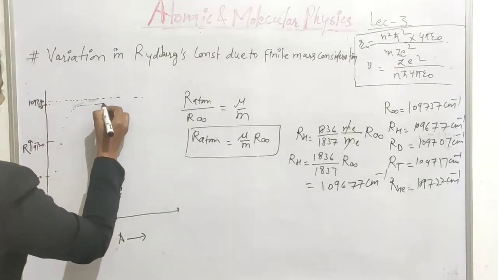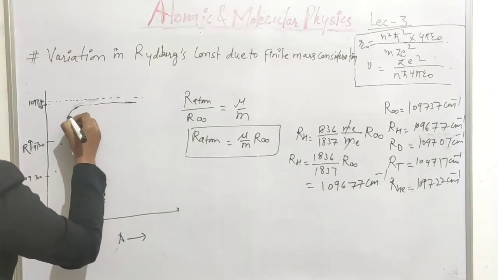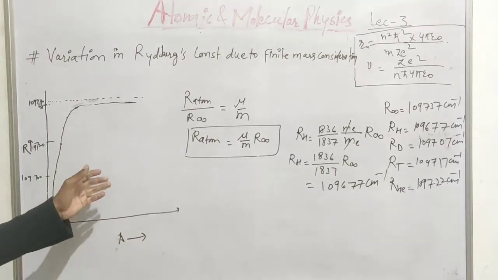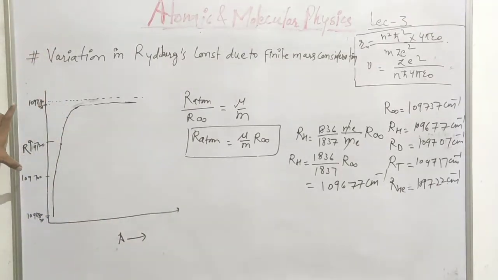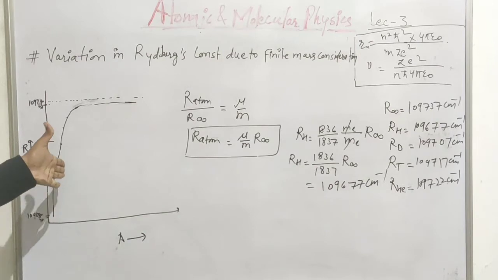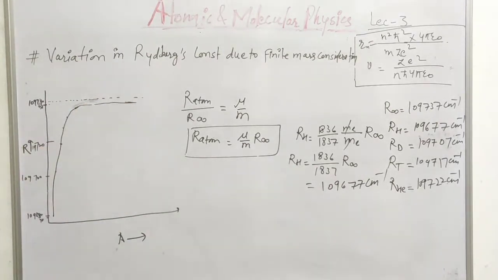In this manner, this is the curve showing the variation in Rydberg constant with atomic mass number. With increasing atomic mass, the value of Rydberg constant increases and attains its value R infinity.